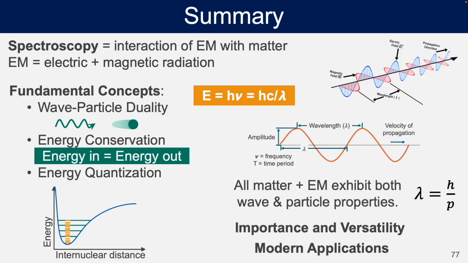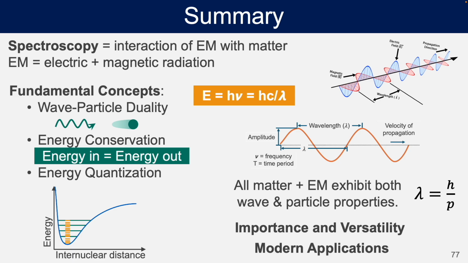So we are now at the end of the first lecture, and let's take a moment to understand what we learned today. We began with history: Newton's prism experiment, Fraunhofer's dark lines, Young's waves, Einstein's photons, and de Broglie's matter waves. From there, we identified three pillars of spectroscopy: wave-particle duality, energy conservation, energy quantization.